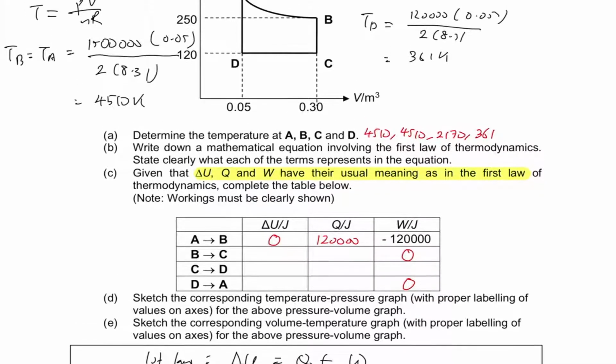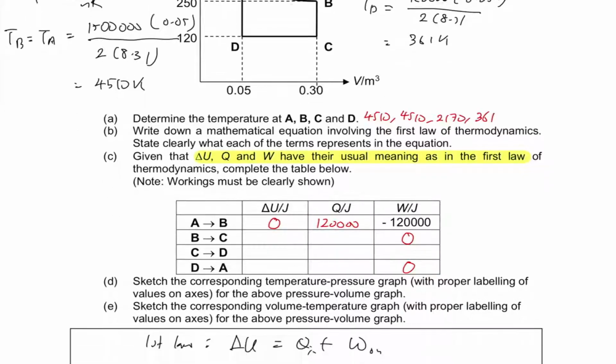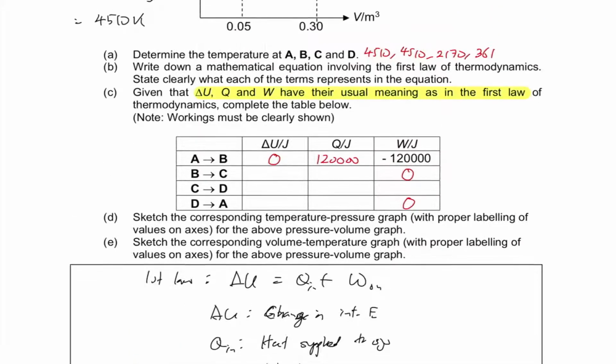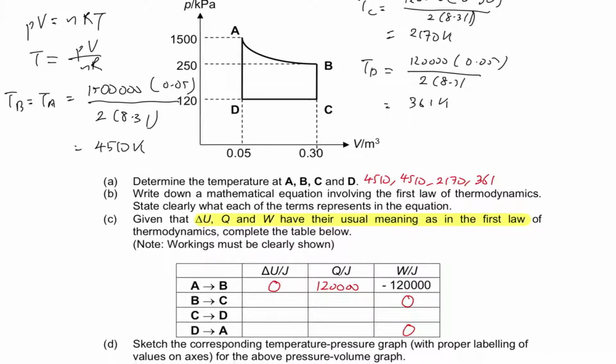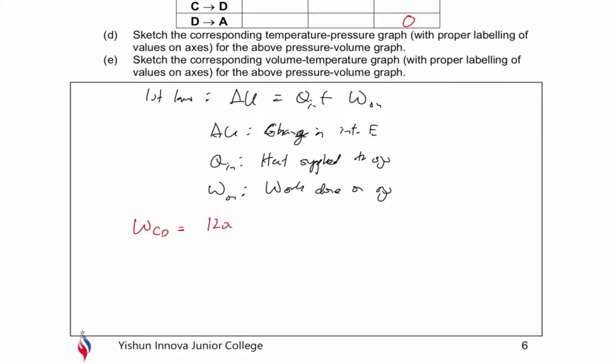From C to D, we can find work done. C to D is a compression, so we can find work done quite easily. So let's just write it here. W for C to D equals 120,000 times 0.30 minus 0.05.